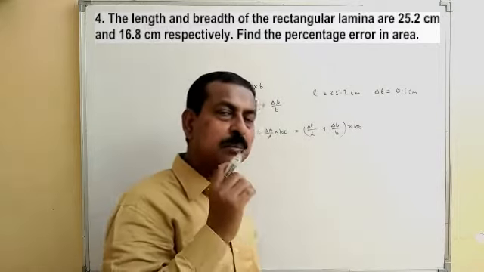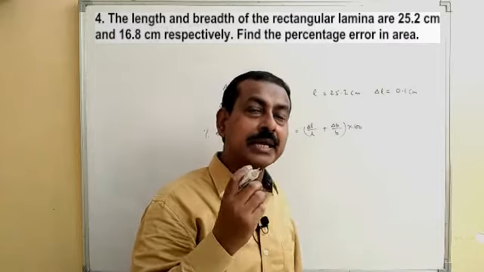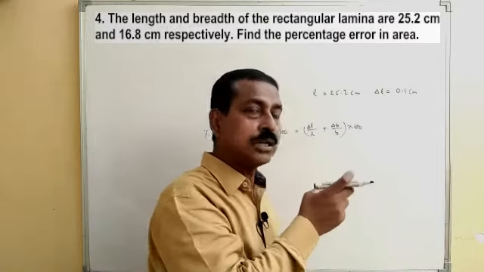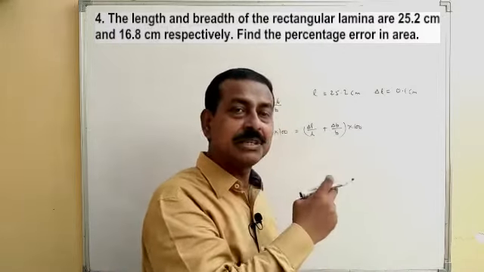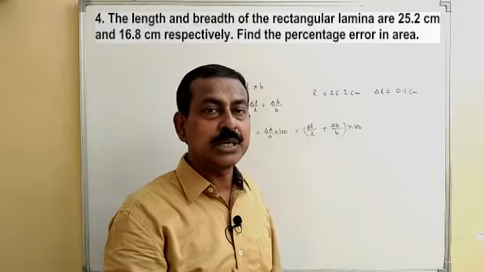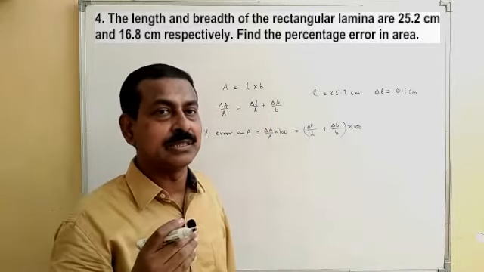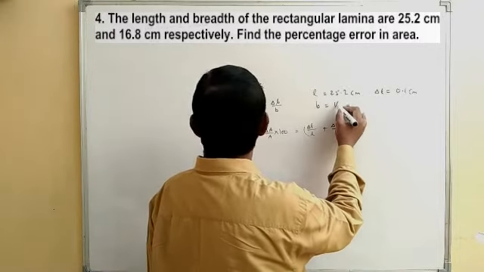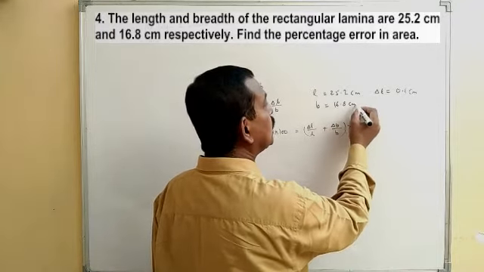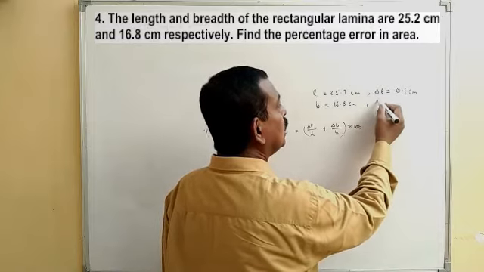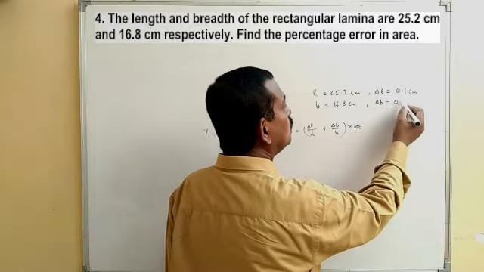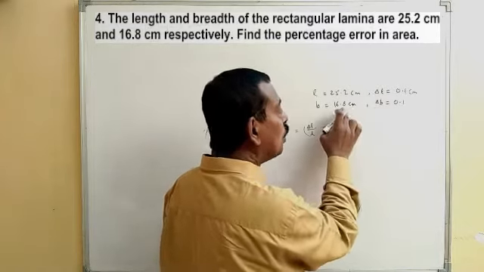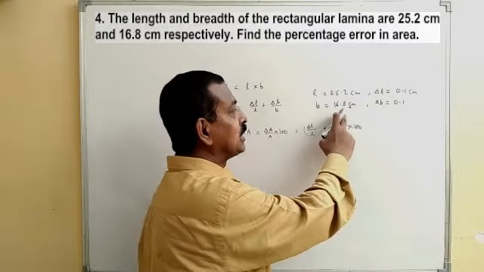Whatever is the minimum measurement that can be expressed in terms of whatever data is given, using that particular instrument, that will give you the error there. So similarly for the breadth, it is your 16.8 centimeter. So again for this one, delta B will be 0.1, because it will go again up to one place after decimal.